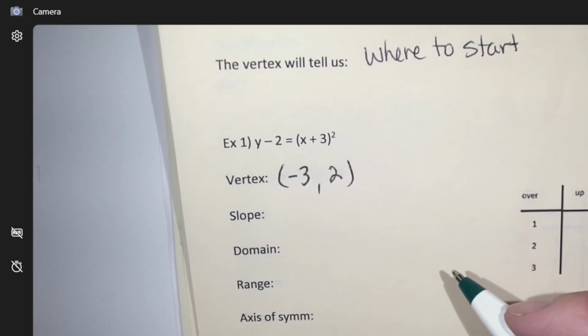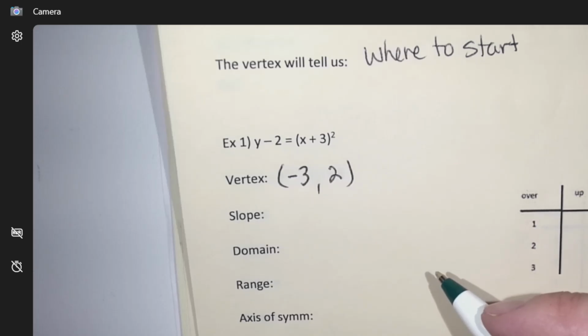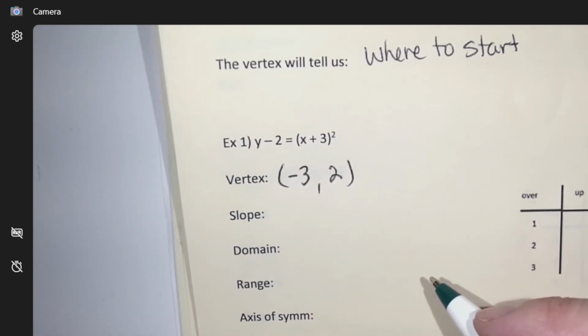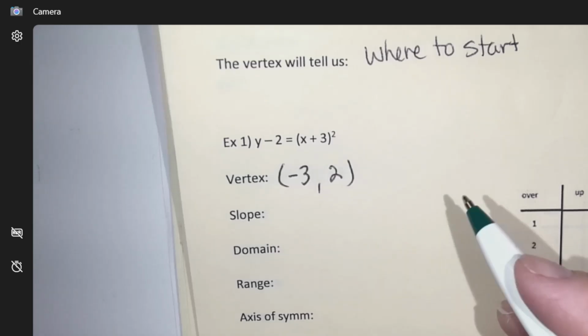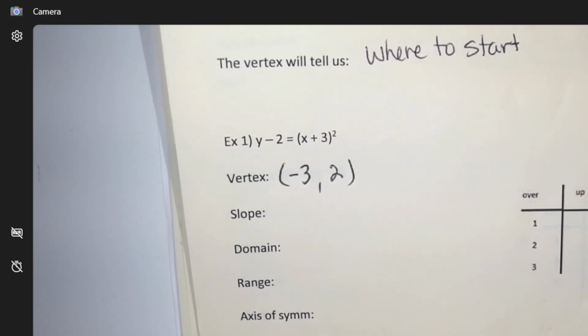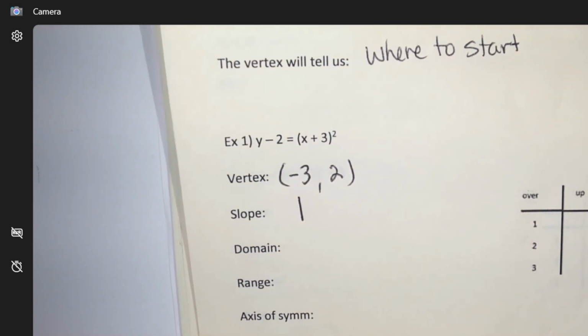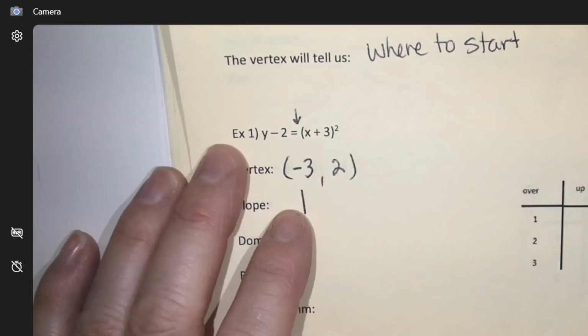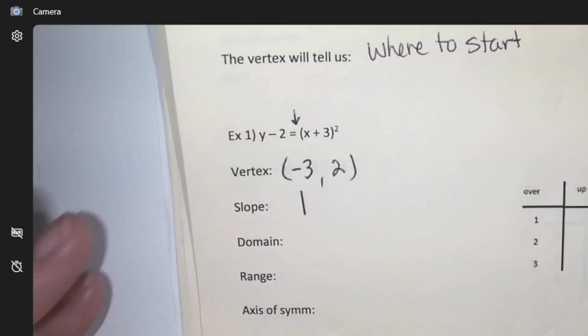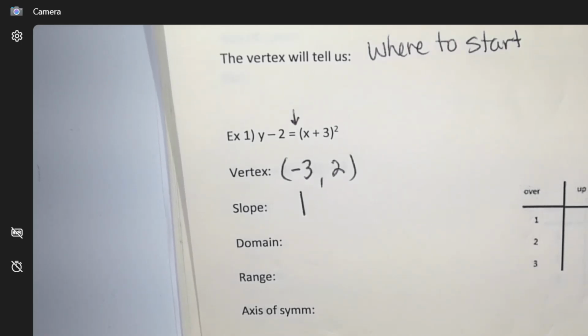So what is the multiplier in front of the x part? If you were to multiply this out, how many x's would you have? What's the number in front of the x part? 1. There isn't anything placed there specifically, so if there's nothing there, what are you multiplying by? 1.